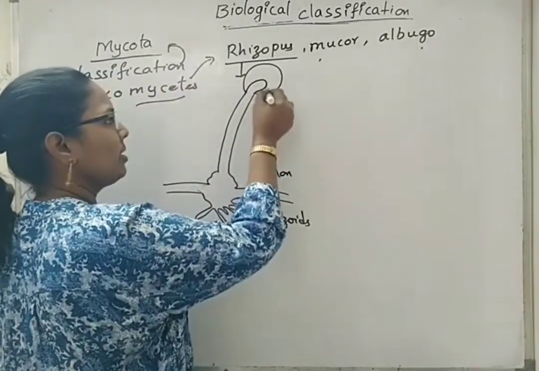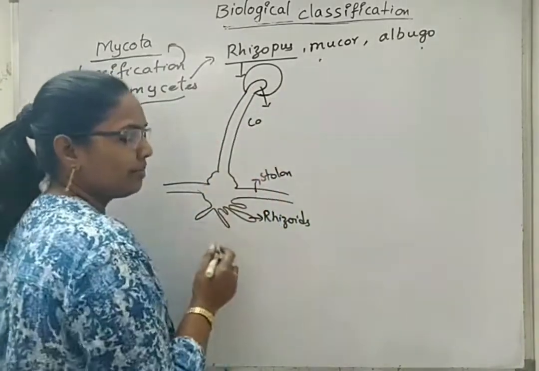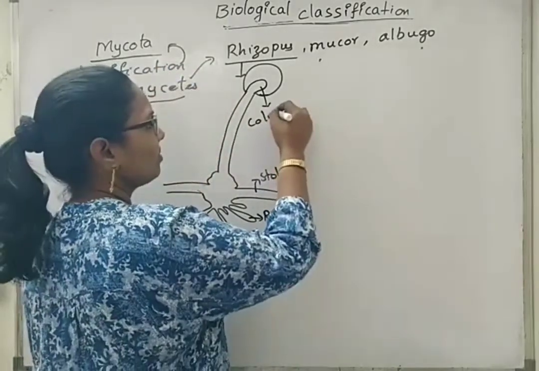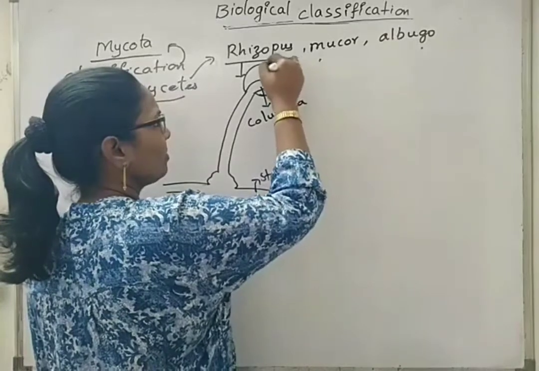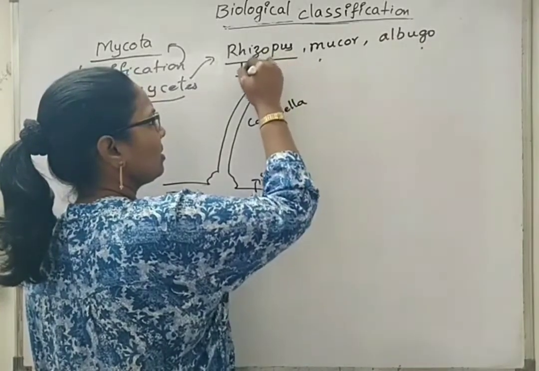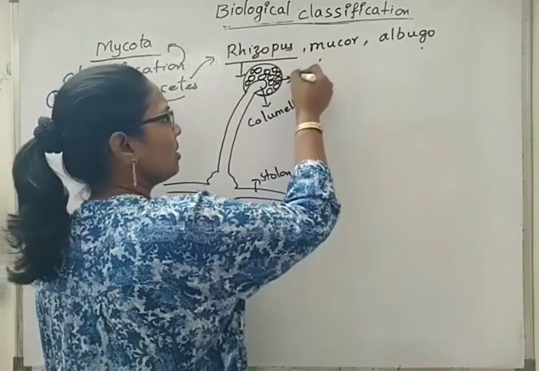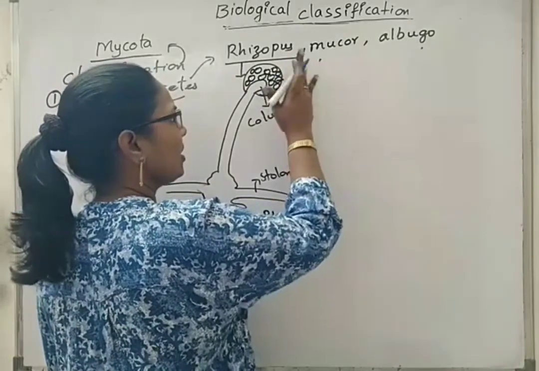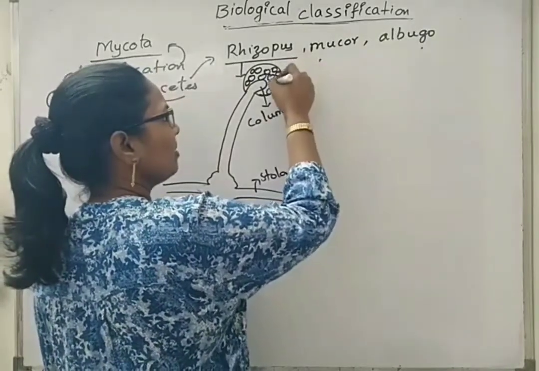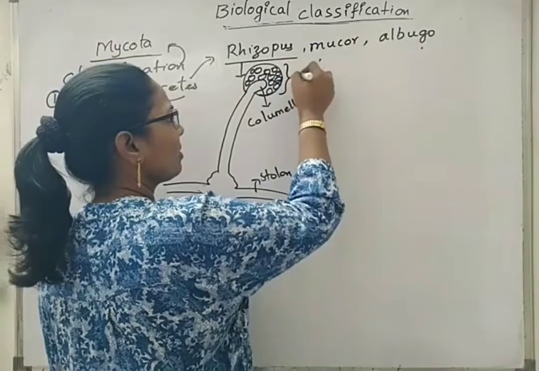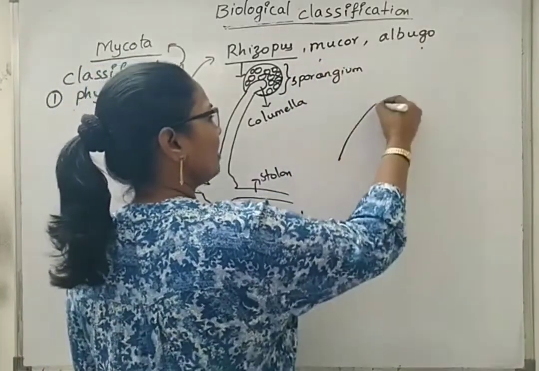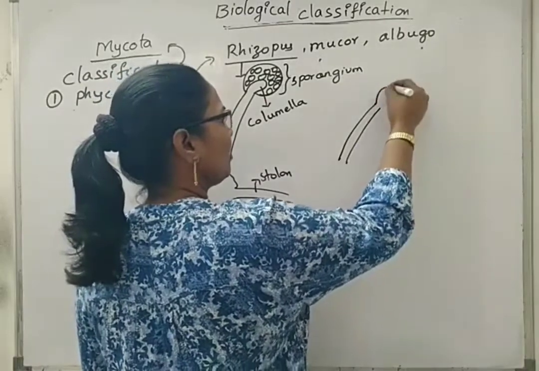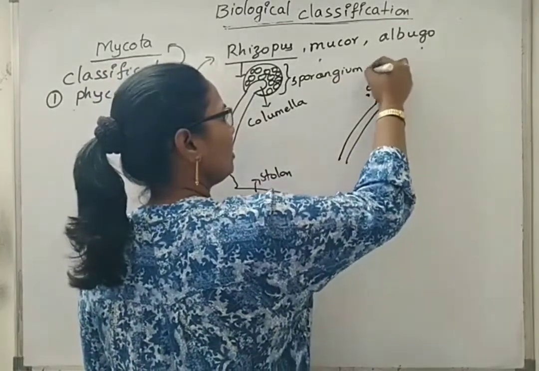Here the structure is called columella. It bears the spores, and the total structure is called sporangium.